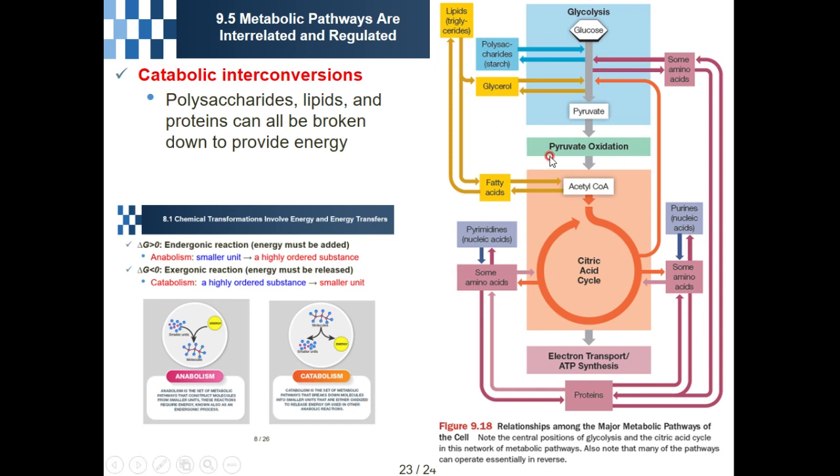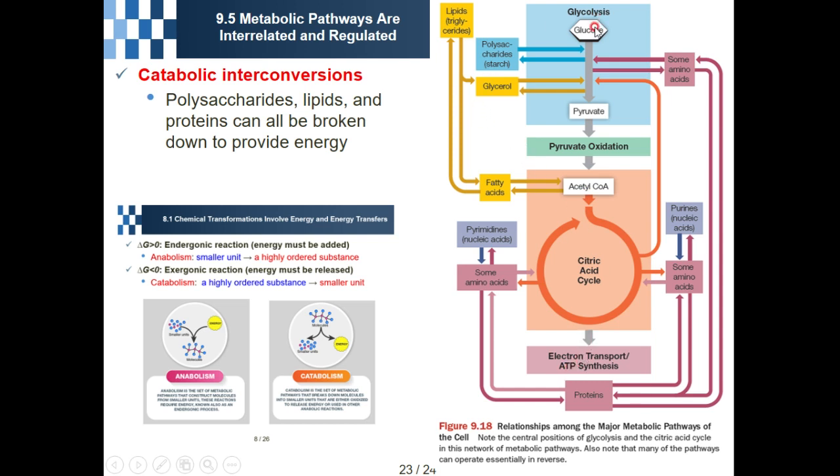So in this slide, I will explain the fifth subject, how metabolism is interrelated and regulated. We learned that in glycolysis, one glucose is changed to 2 pyruvate, and pyruvate oxidation happens, so it will make acetyl coenzyme A. After the citric acid cycle, there is the electron transport and ATP synthesis.